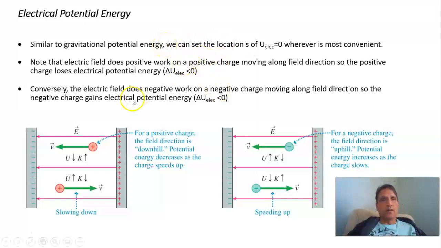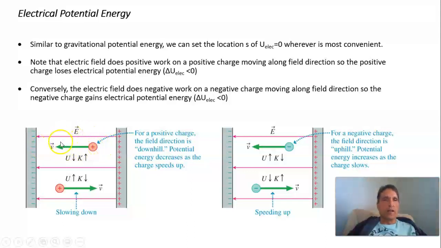So the other thing is that we found that the electric field does positive work on a positive charge moving along the field direction, okay? So in other words, when charges move downhill, for example, a plus charge going from positive to negative, that's where they want to end up. They're going downhill. The electric field does positive work, right?